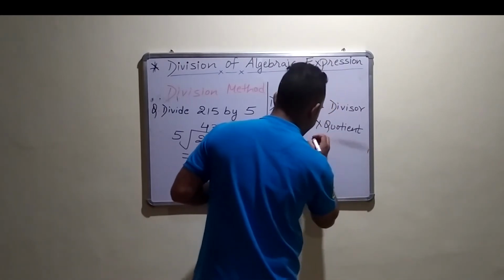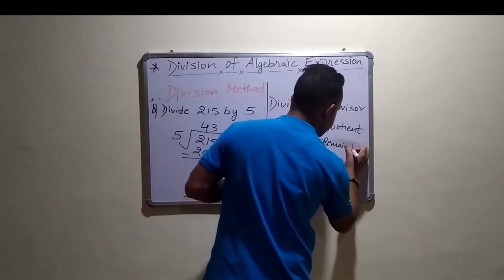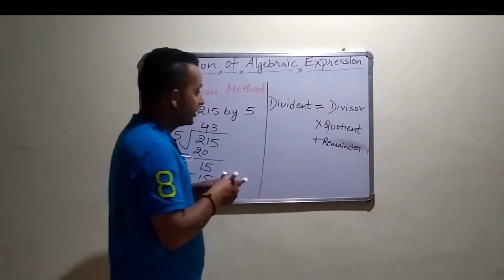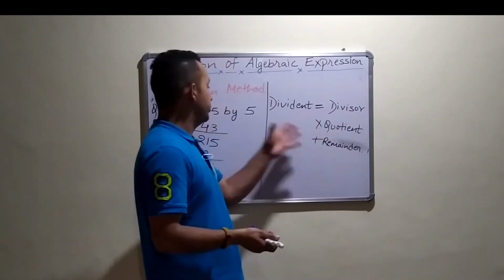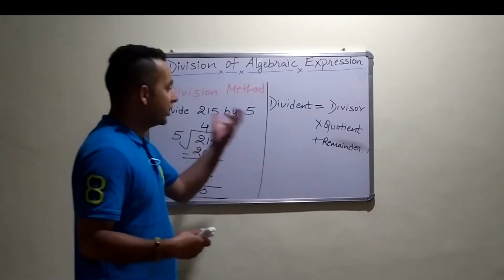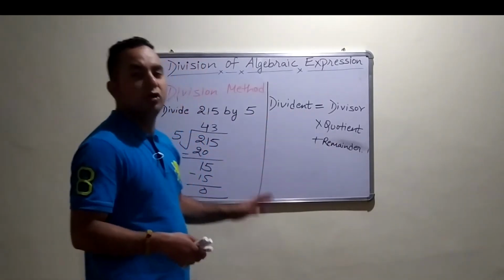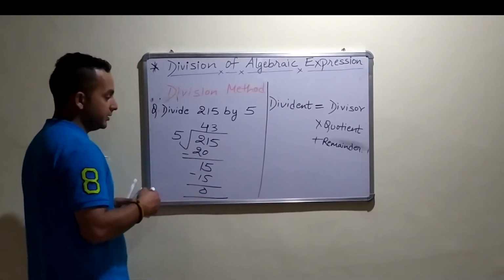You may not know what is dividend, divisor, quotient, remainder, so I am going to explain with the help of the division method what is dividend, what is divisor, what is quotient, and what is remainder. One by one I will discuss.